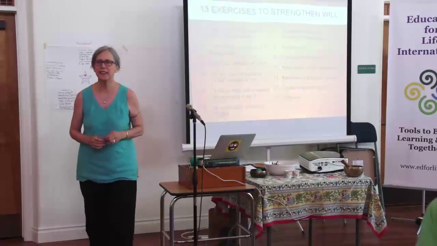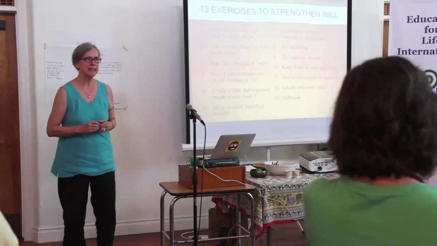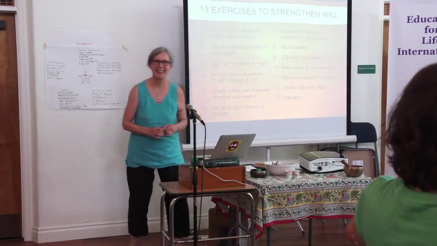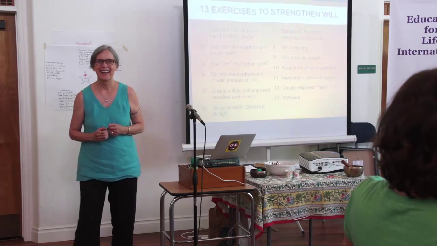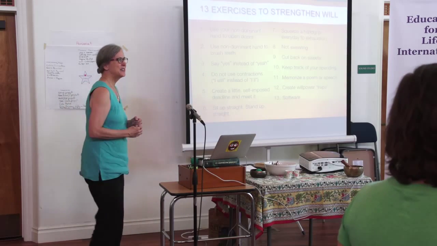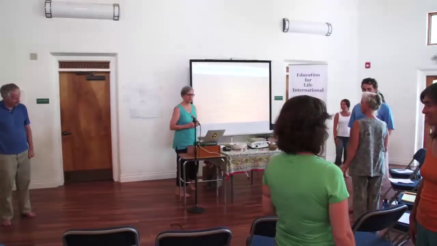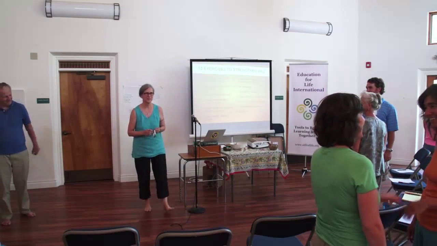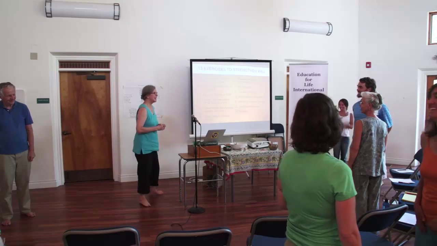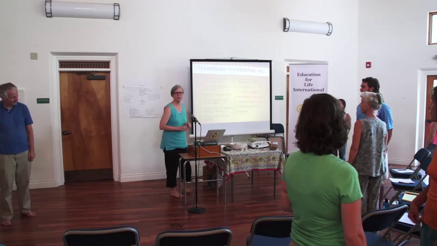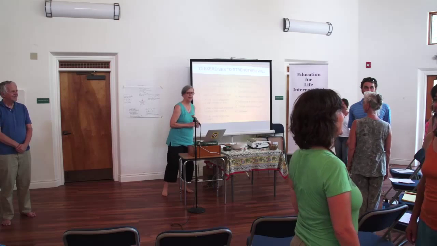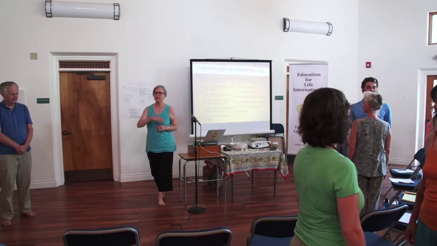So first, I'd like you to use your non-dominant hand and high five your partner. Now use your left hand to shake hands with your partner. Now, I'd like you to stand up straight for the next minute and choose person A and person B in your group.